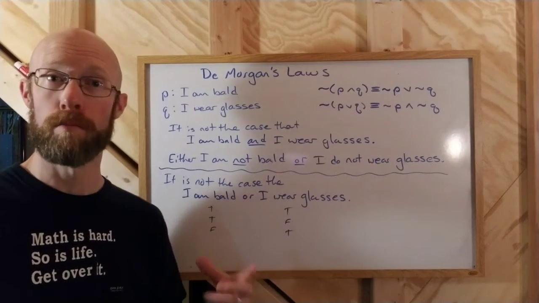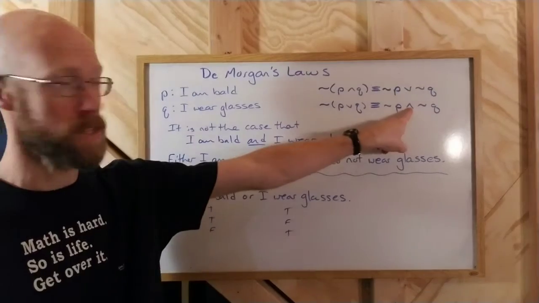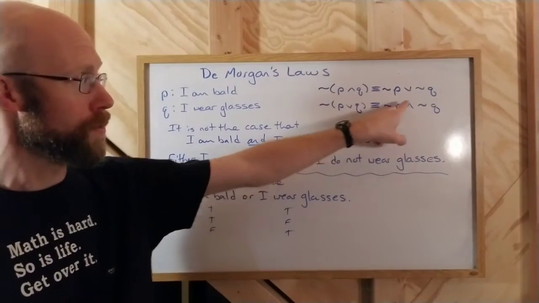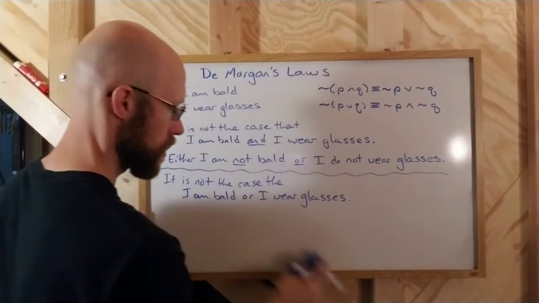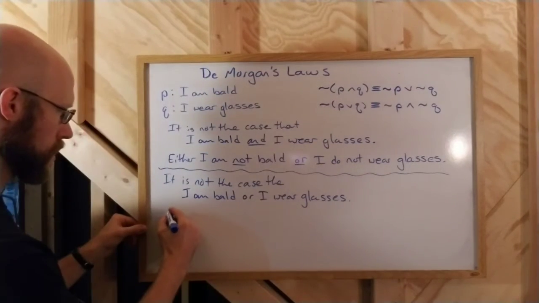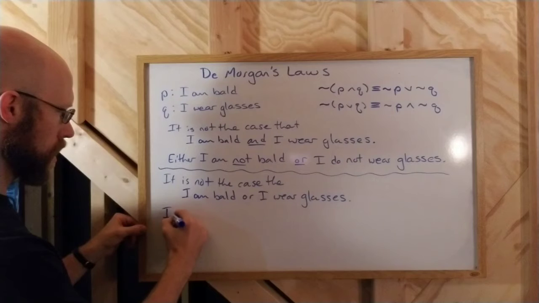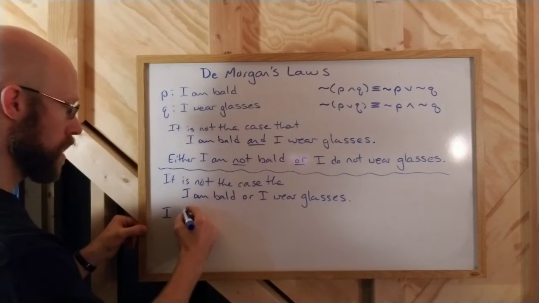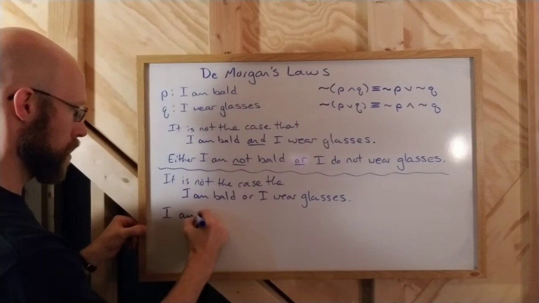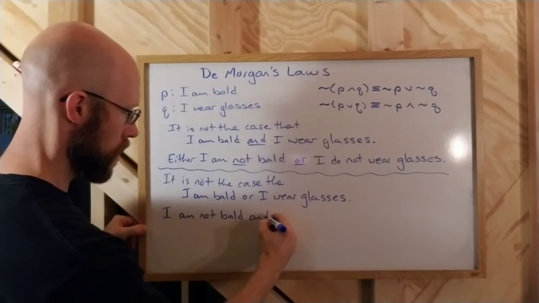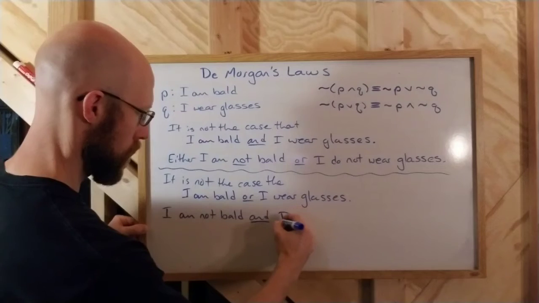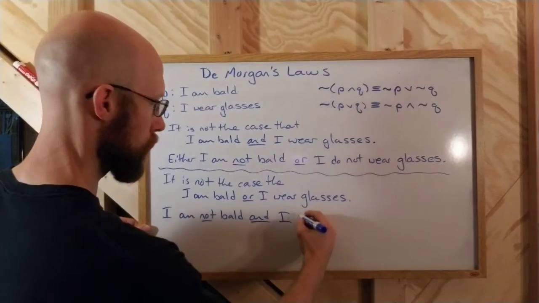The word both implies an and. So both of them would have to be negated. So it would have to be the case then that I am not bald and I do not wear glasses.